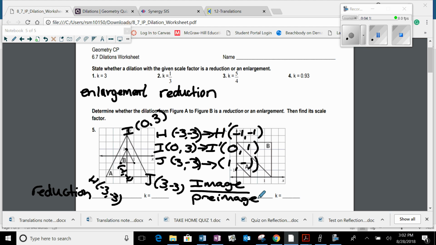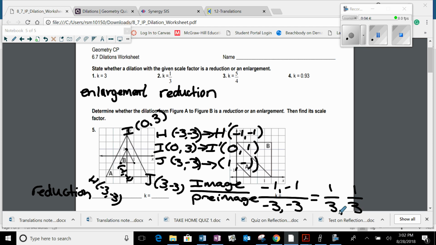So if I just look at the point H, my image coordinates is -1, -1. I'm going to divide that by -3, -3. Which gives me a fraction of 1/3, 1/3.